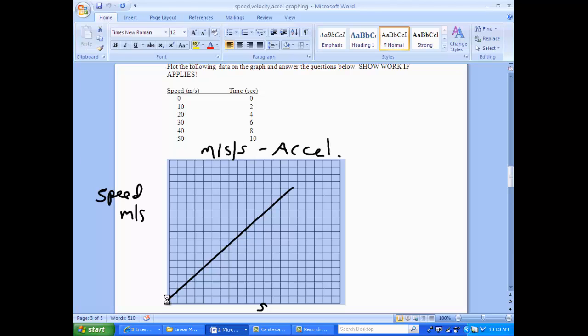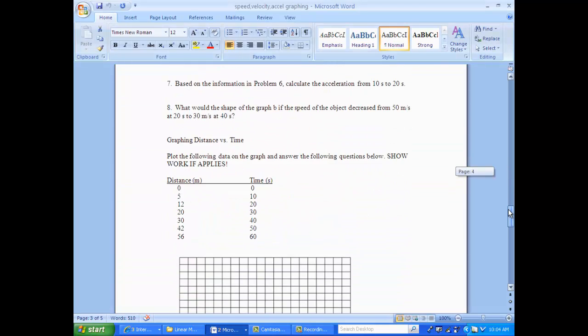Can I answer any specific questions on this graph or on these questions? Graphing is easy. You guys have been graphing forever. Now, the part that you haven't been doing forever is analyzing the graph and understanding what the graph is showing you. Okay? So can I answer any specific questions on this? If there's no questions, I'm going to move forward and look at the last one here.